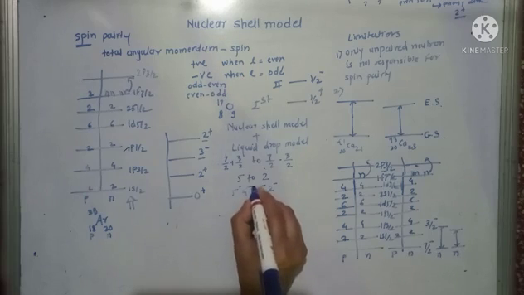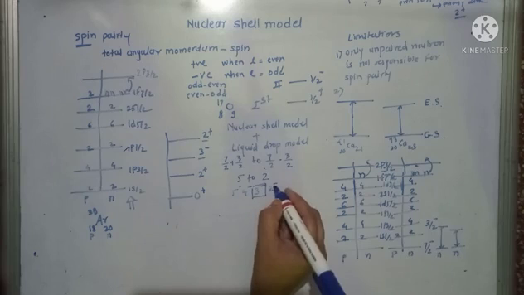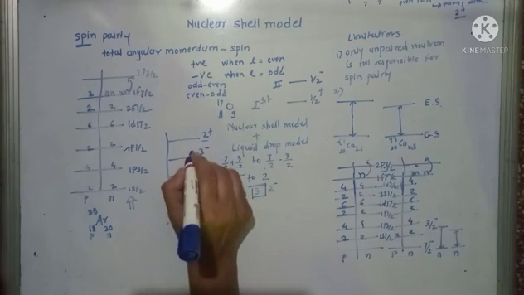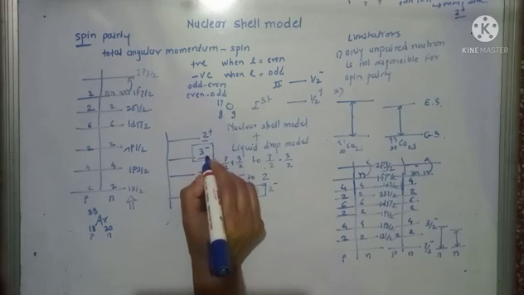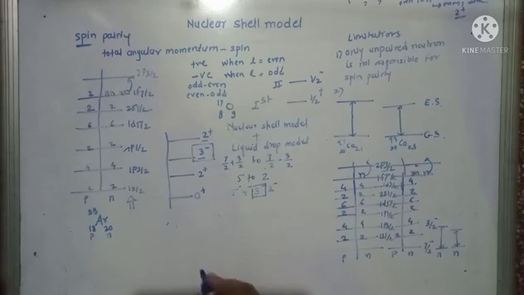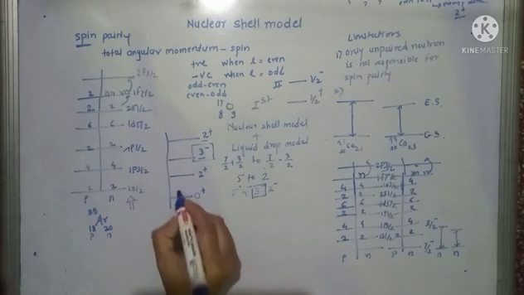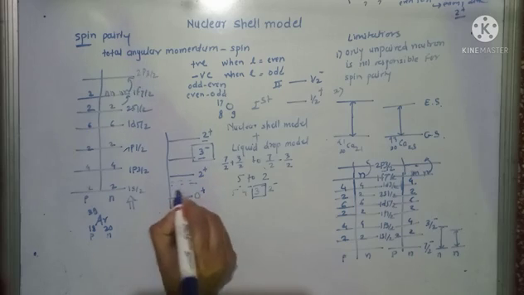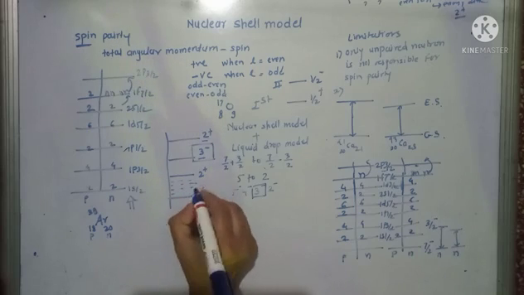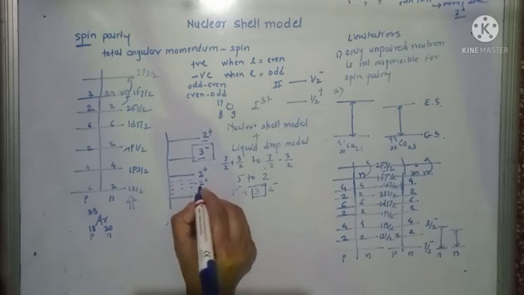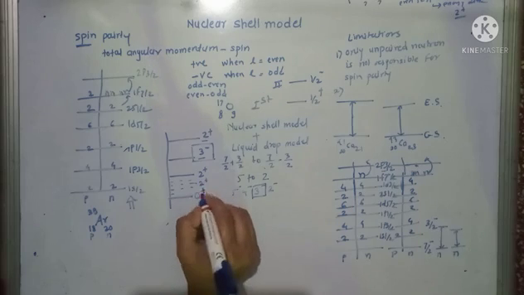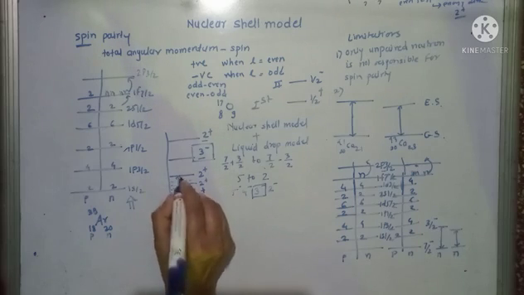So by using the nuclear shell model along with the liquid drop model, we can explain some excited states of the nuclei. Some excited state spin parities could be seen as 2 plus, but these 2 plus are below 2 MeV.